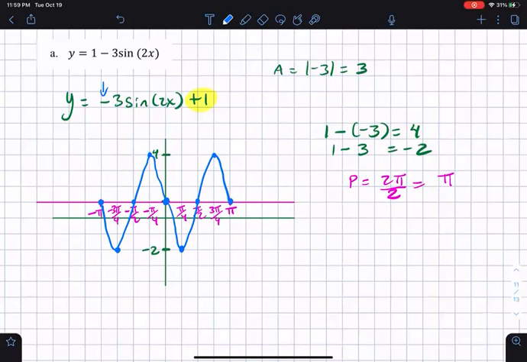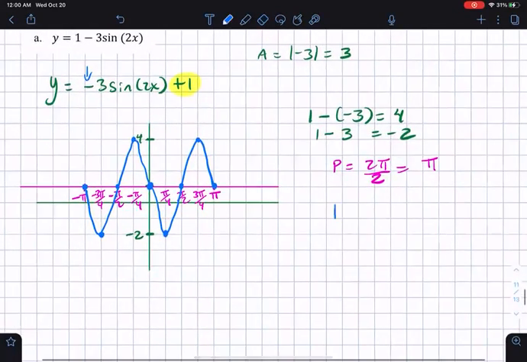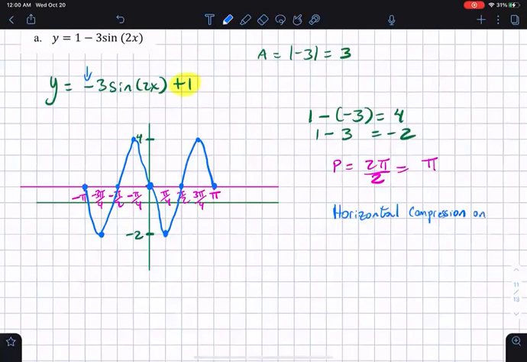So you find the amplitude, you found the period. You can say there's a horizontal compression of 2 units, right? On the test, just do like that, horizontal compression of 2 units.